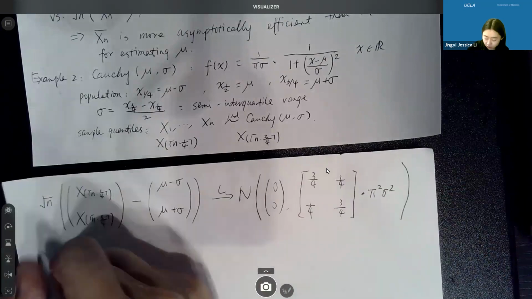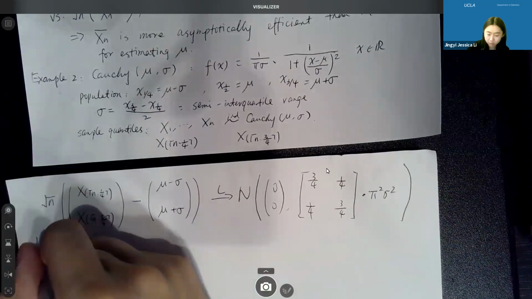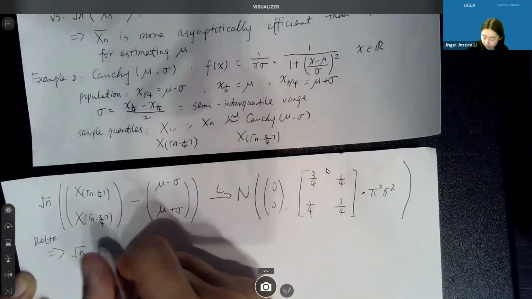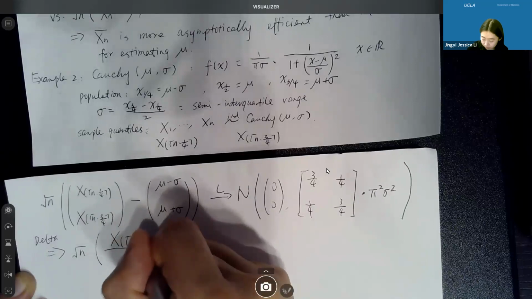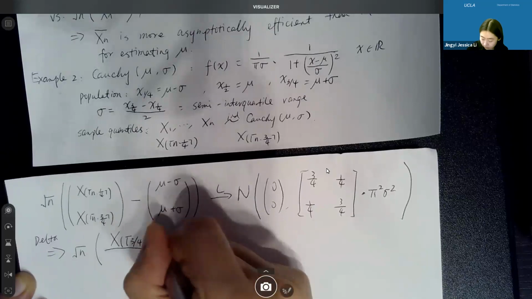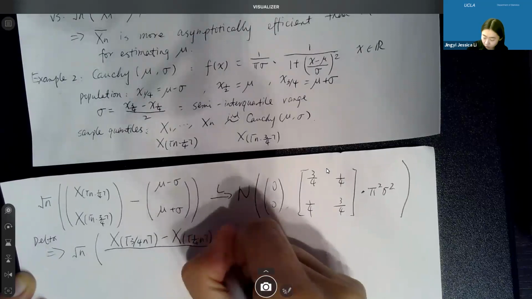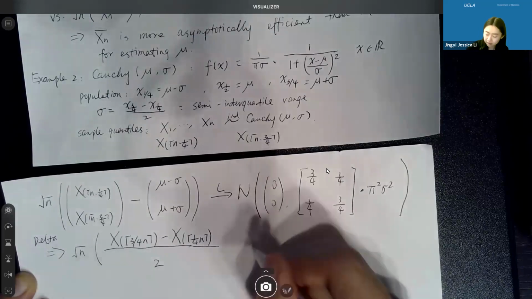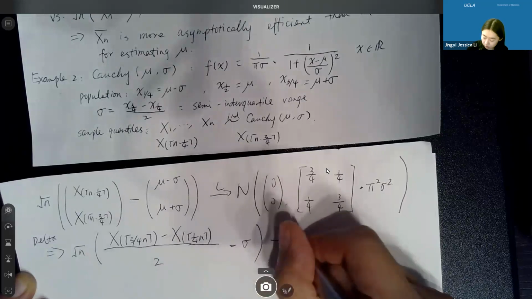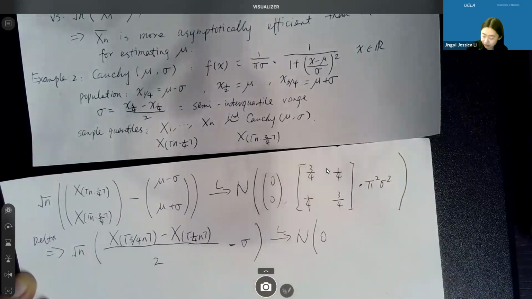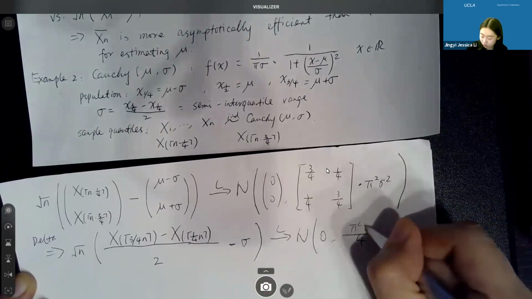So we can show that using that operation by delta method, we would have our estimator over 2 minus the parameter of interest sigma converging in law to normal with 0 mean, and the final asymptotic variance is pi square sigma square over 4.